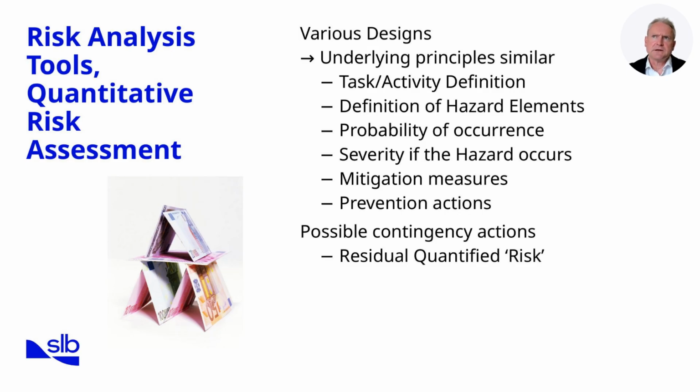Once these are defined, we design mitigation measures to reduce the severity and prevention actions to lower the probability. We also identify possible contingency actions that address what happens if controls fail. The result is a residual risk value, which reflects the level of risk after mitigation and prevention are applied.